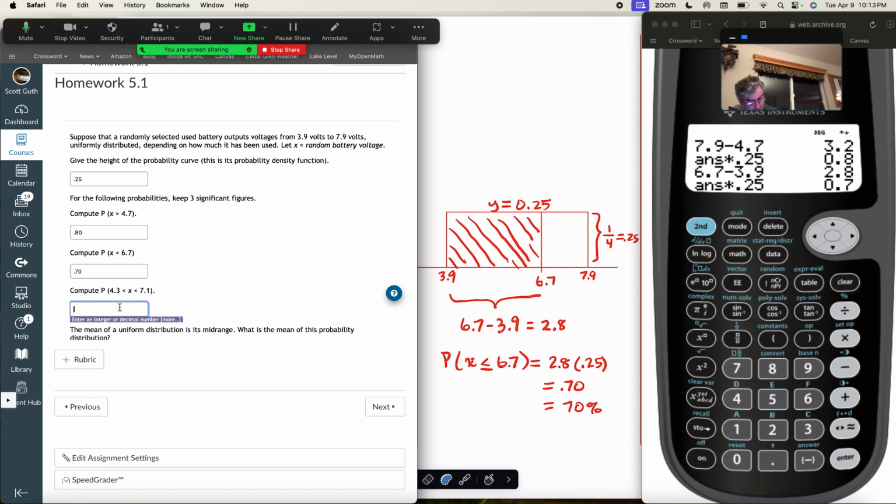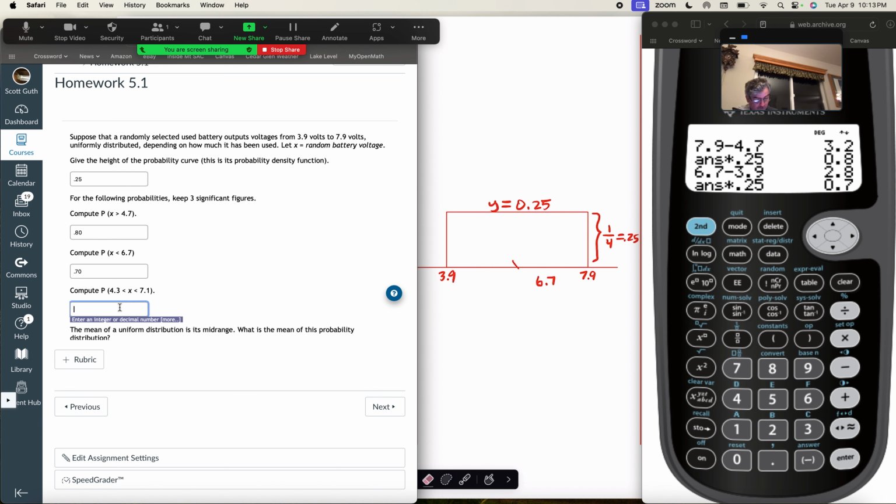So let me clear all this out. Okay, so on this one, we're finding the area between 4.3 and 7.1 on this last one. So I'll go ahead and put a 4.3 in here somewhere. And then 7.1 should be way up there.